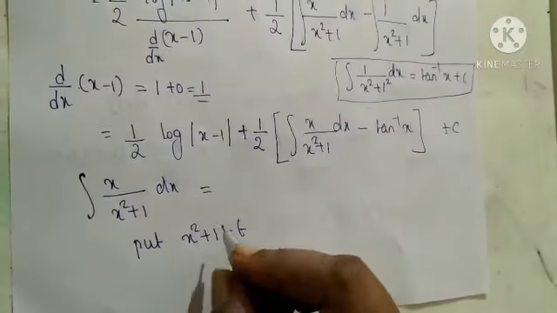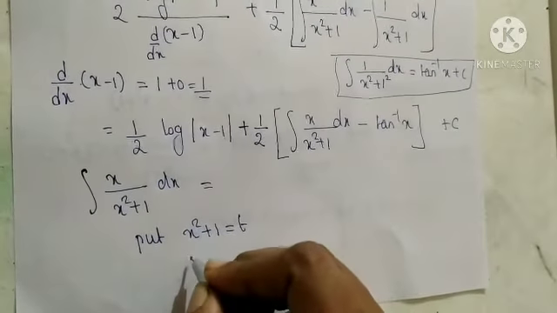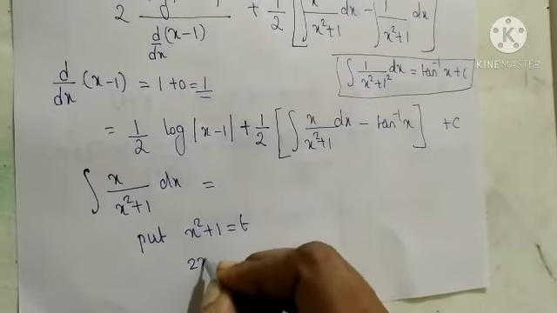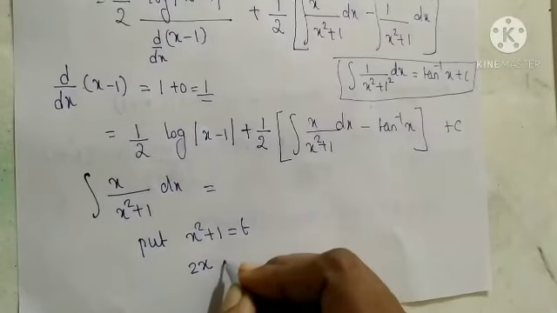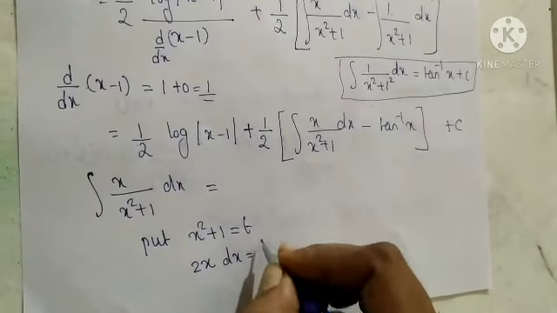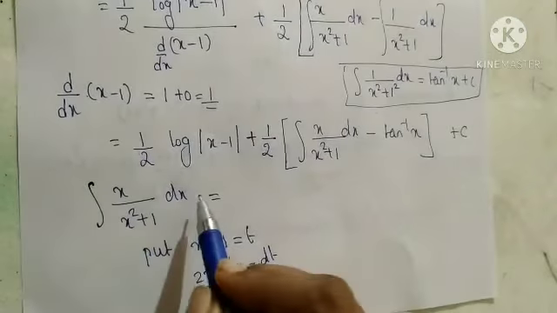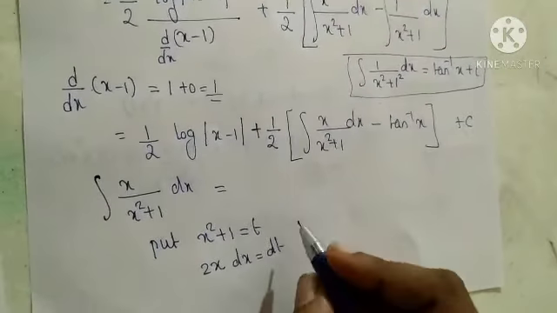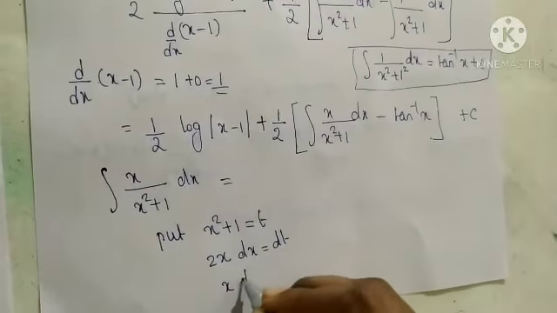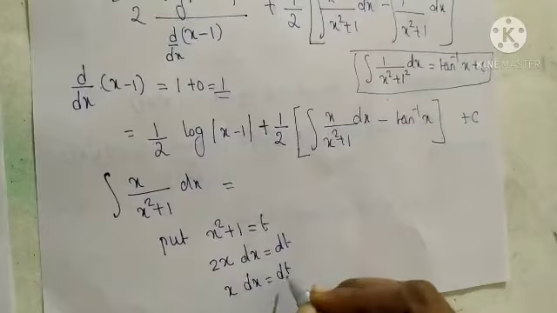So differentiating on both sides, we get the derivative of x square is 2x, derivative of 1 is 0, and also write a dx here, and the derivative of t is dt. So here we need only x dx. So taking this 2 to the RHS, x dx becomes dt by 2.